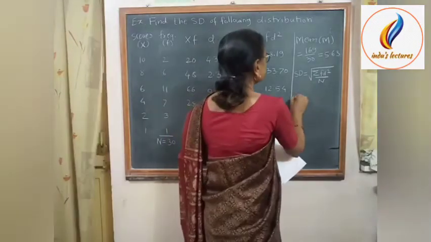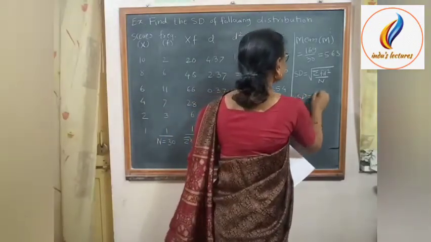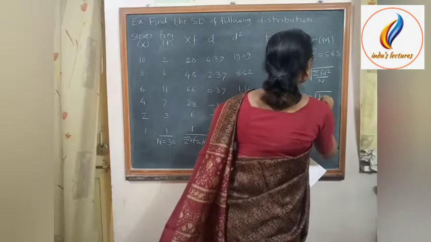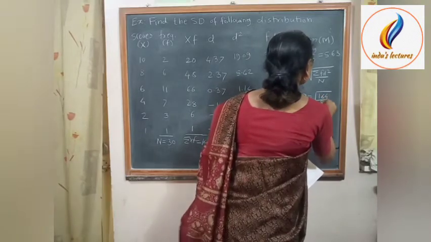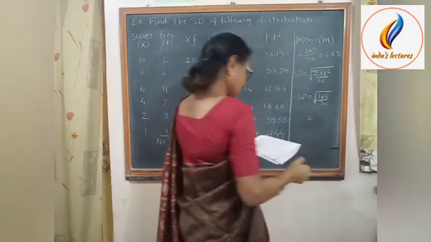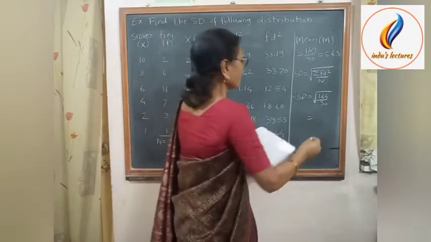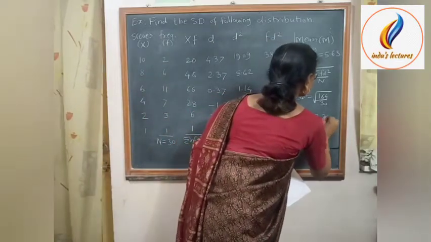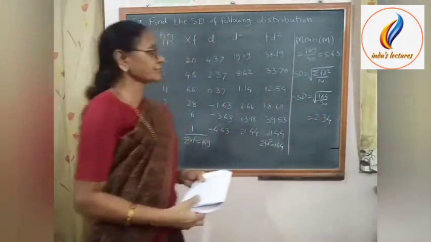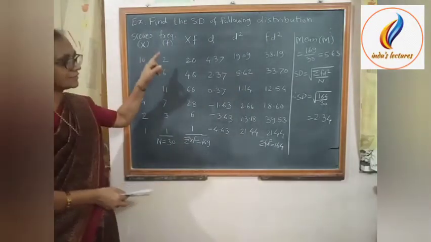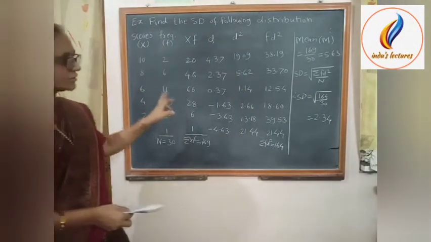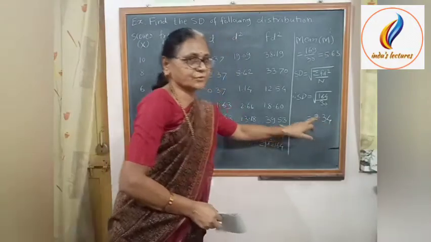So standard deviation SD is equal to under root of 164 upon 30, which is equal to 2.34. That means the standard deviation of the given distribution is 2.34.